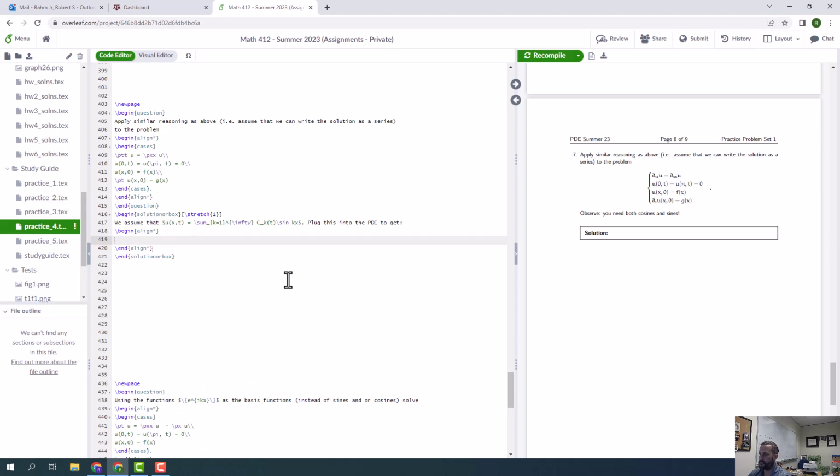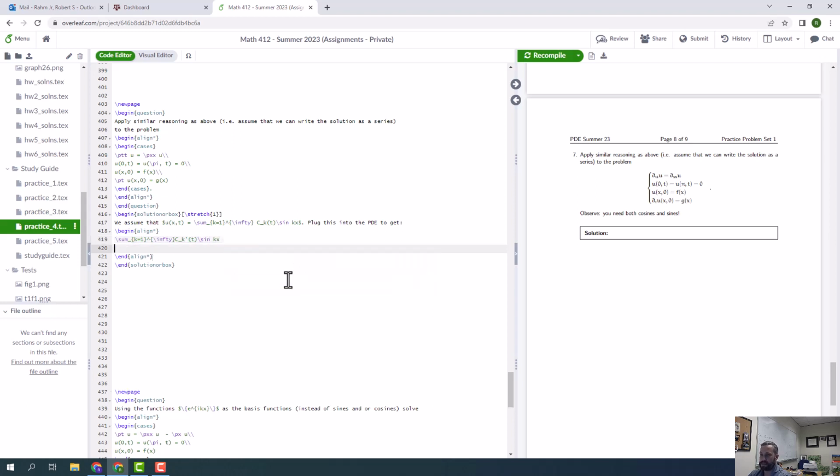On the left-hand side, the t derivative is only going to fall on the c_k's, because as far as t is concerned, x is a constant. So this will be c_k prime of t sine kx. And when I take the derivative on the right-hand side, it's only going to go on the sine.